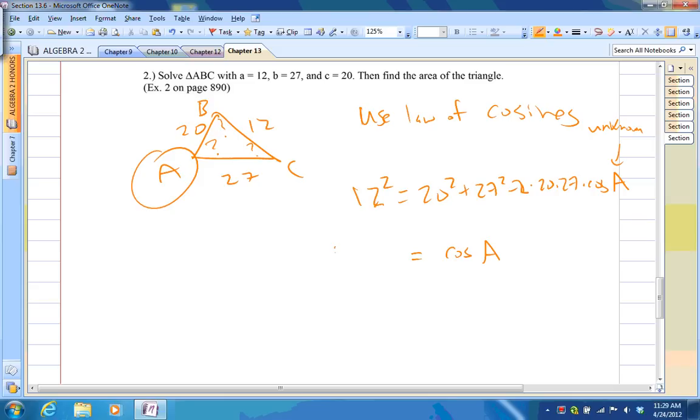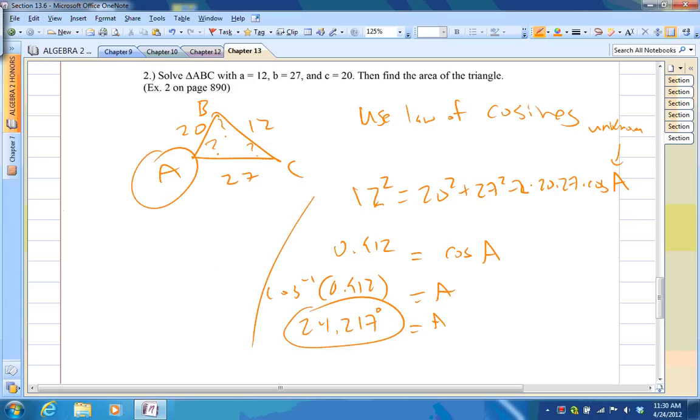So you should get 0.912. So you solve for angle A by taking the inverse cosine of that. Angle A would be 24.217 degrees.